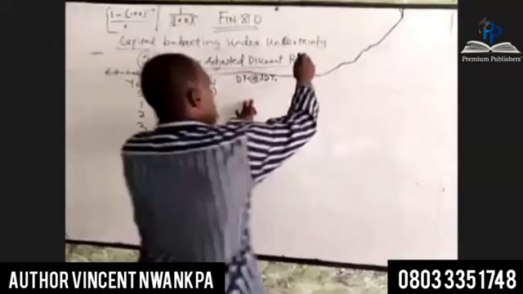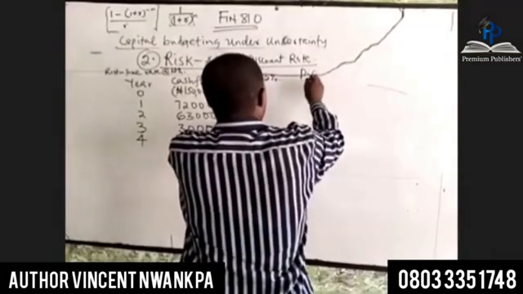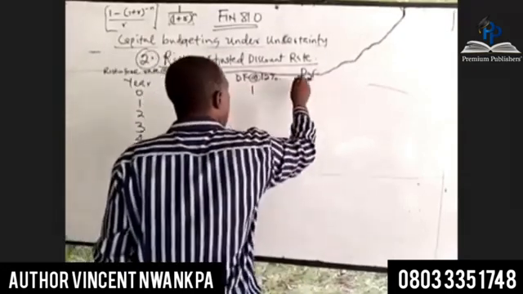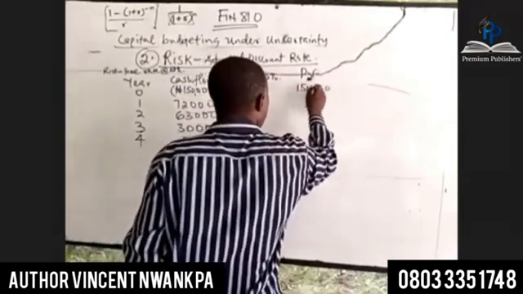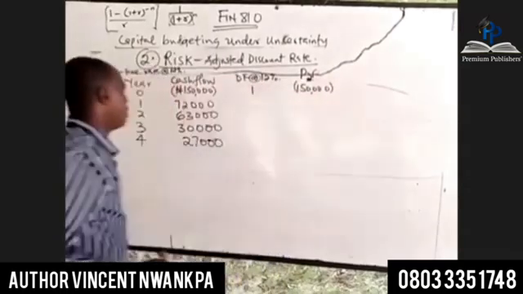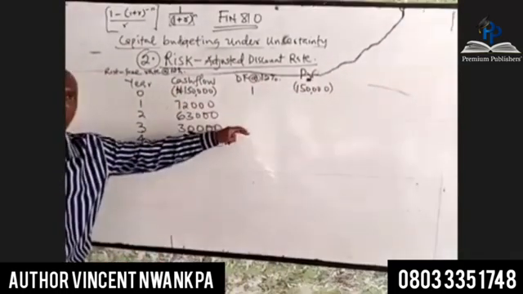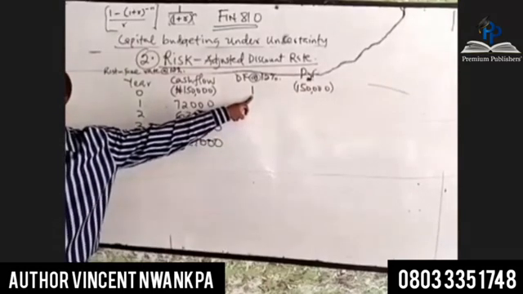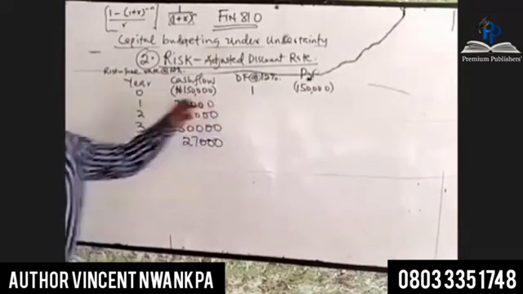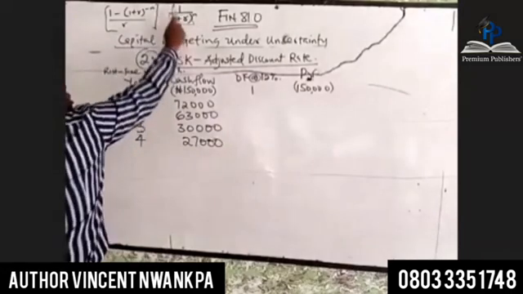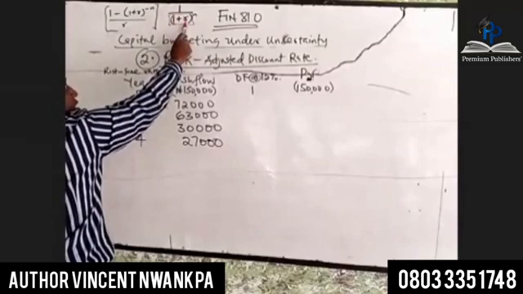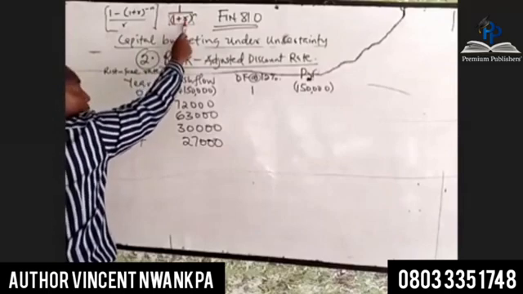Now, this is our present value. This is year 0 and this is 150,000. This is 1 whole number, divided by 1.12. Remember, our r is 12%, and that is 1.12.